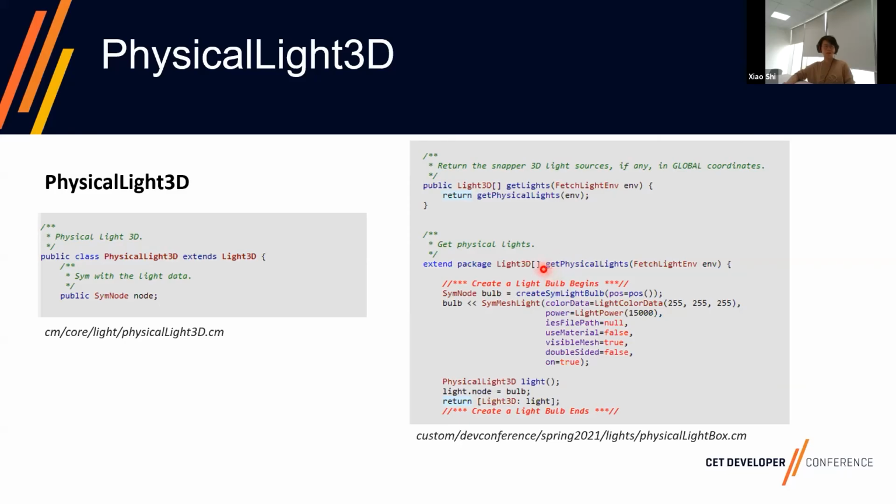What it does is take a CM sim node, and the sim node will pass in a sim mesh light, which I will cover in a minute. So it will pass in a sim mesh light, and then you will define a physical light 3D, assign this node to this sim node, and just return this light.